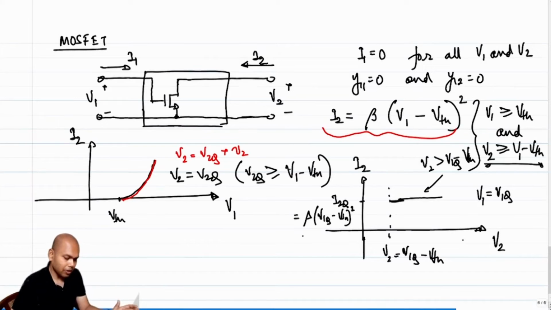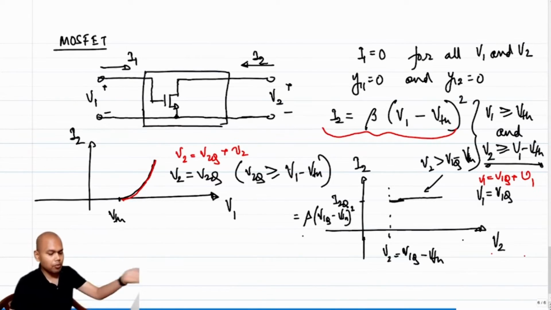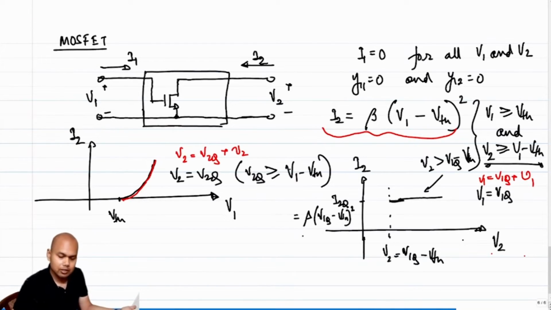What happens if I increase V1 to V1Q plus a small v1? Will I2 change? Surely I2 is going to change, because now I have a new V1, so I2 will increase to a different value.